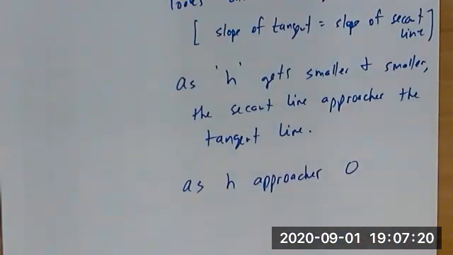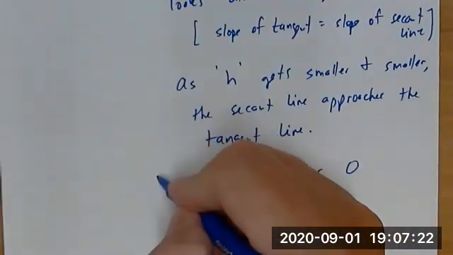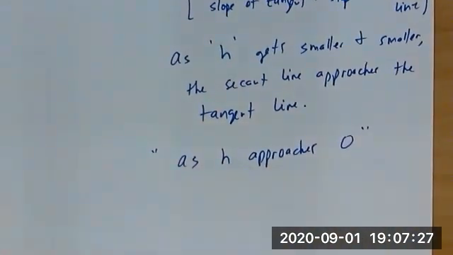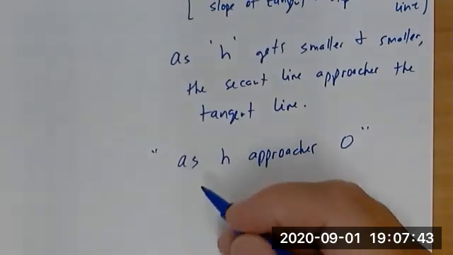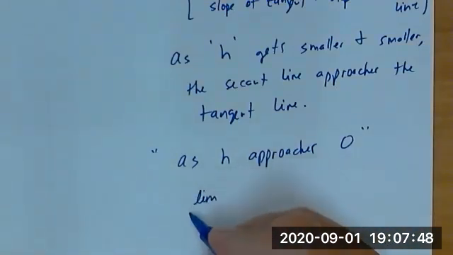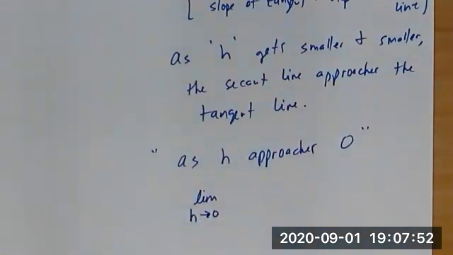Well, we've actually used that wording just a little bit ago, when we talked about limits. Remember, we talked about limits as x approaches a number. Well, in this case, I want to look at the limit as h approaches 0.